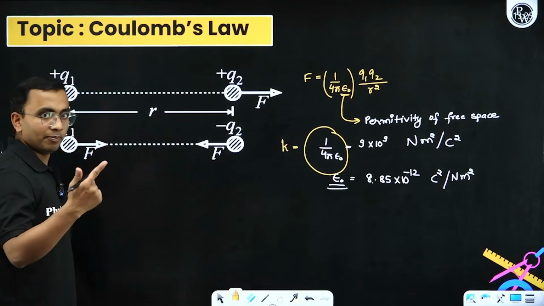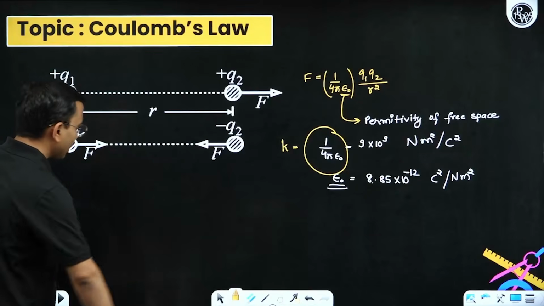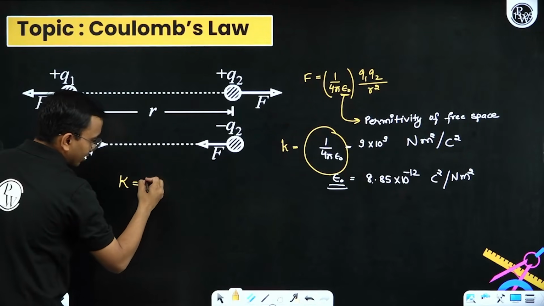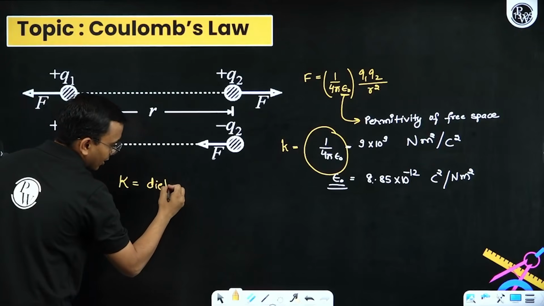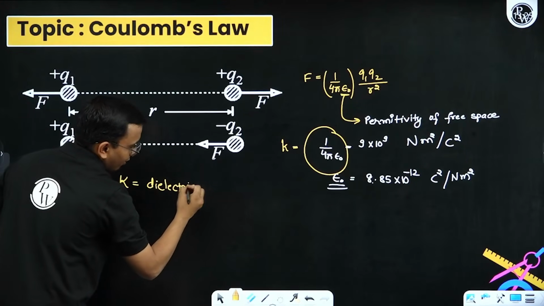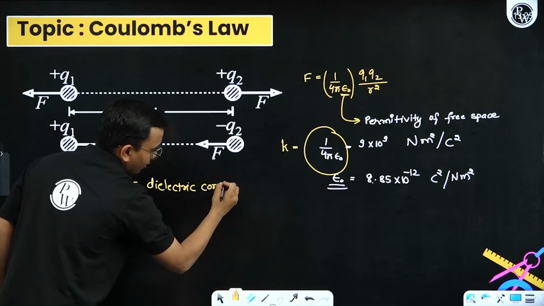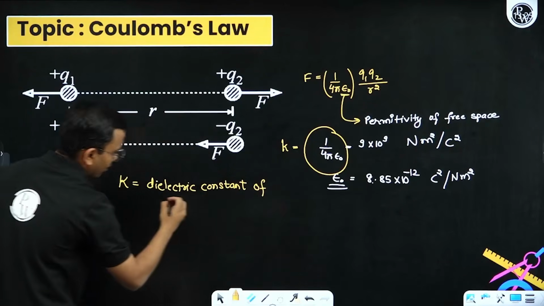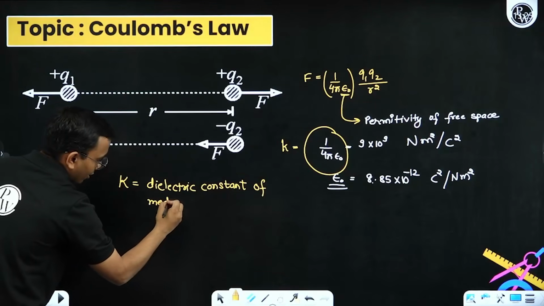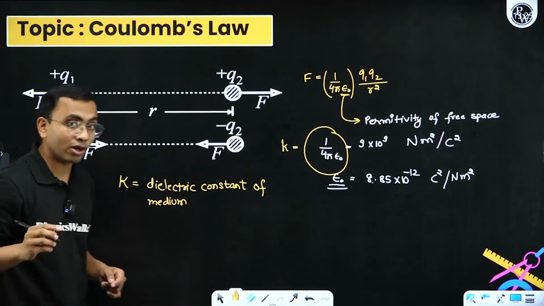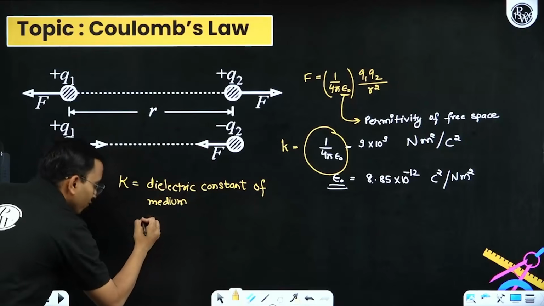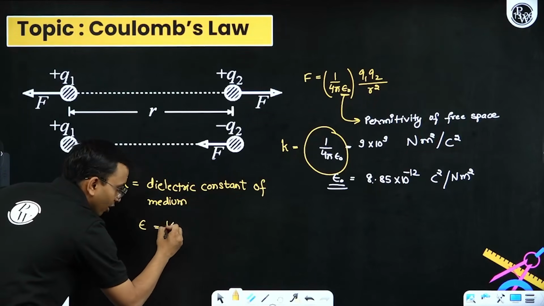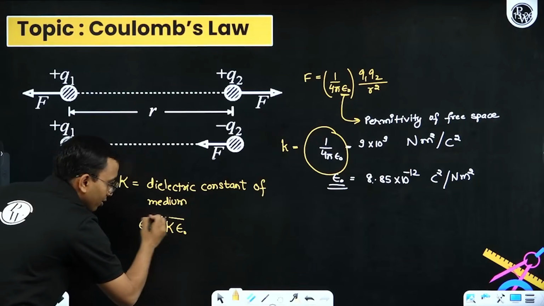So for any medium, if the dielectric constant is capital K, the dielectric constant of the medium, the permittivity of that particular medium, epsilon, will become K times epsilon naught.